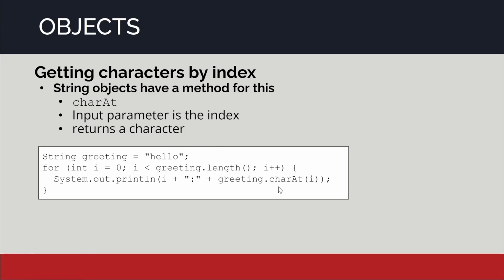And then we just print out the character at each index. You'll see this sort of pattern a lot in your programming, where you start at 0 and go up until just less than the length of the data that you're dealing with, so that you don't go past the end of it.